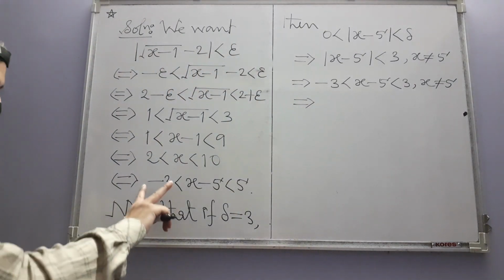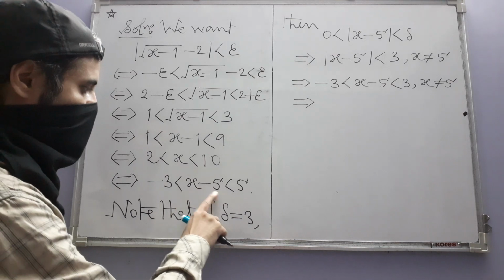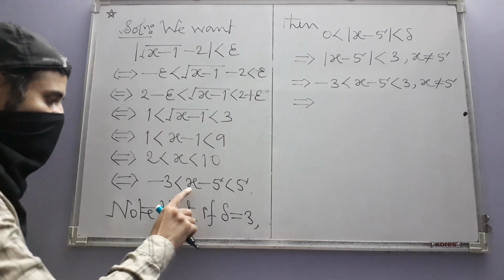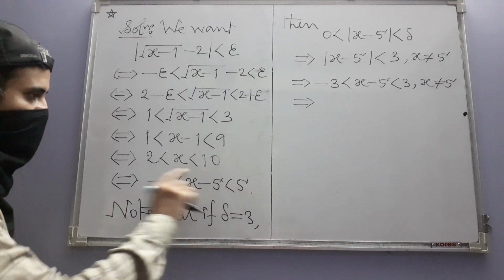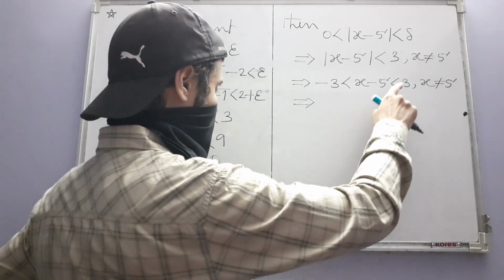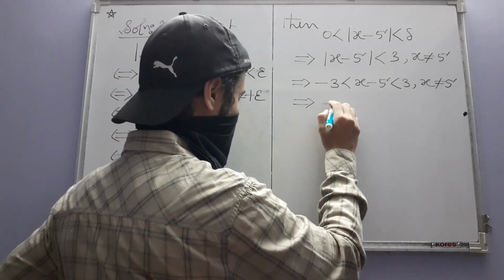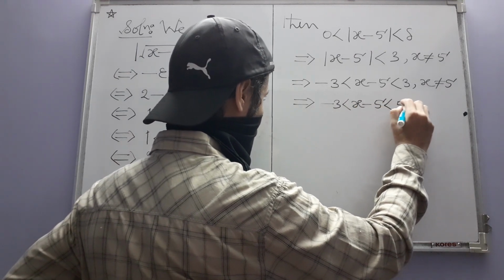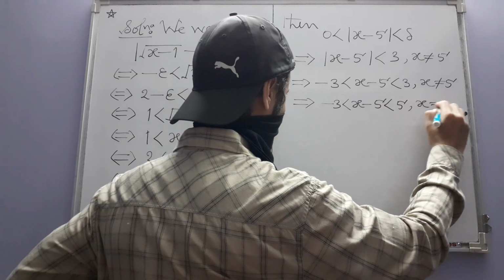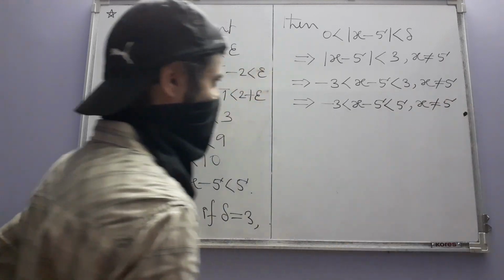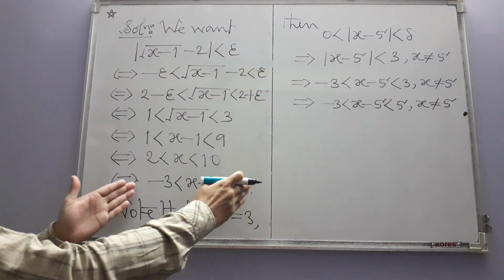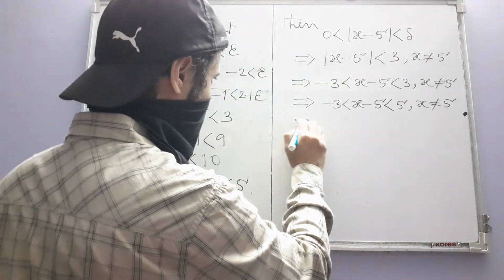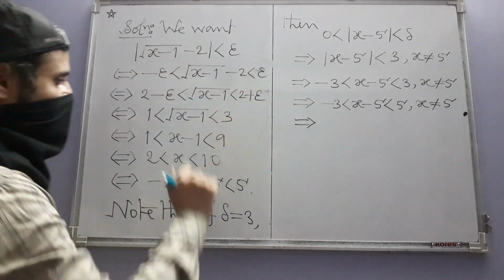Alright, so this part we are getting. X minus 5 needs to be greater than minus 3, we have that. But we want x minus 5 to be less than 5. But if it is less than 3, then automatically it's also less than 5. And now using these equivalences in place of these inequalities, you can write this one.